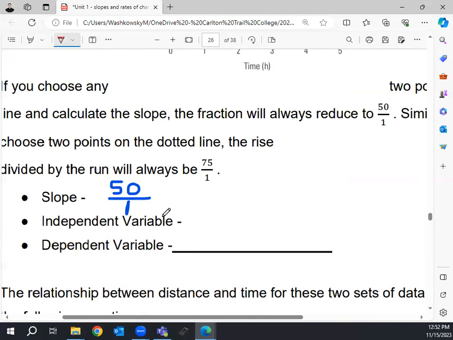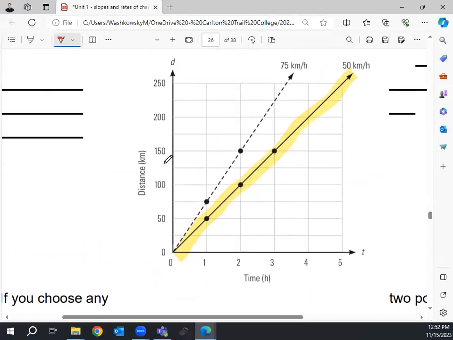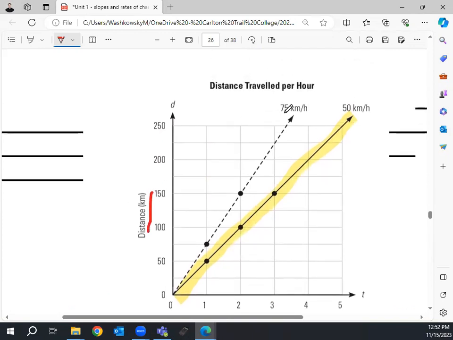So my question for you is, what's this graph measuring? It's measuring two things. Well, technically three. It's looking at your distance and your time, and between those two, we get the speed, right? If I go 200 kilometers in 2 hours, how fast was I driving? 100 kilometers an hour, right?